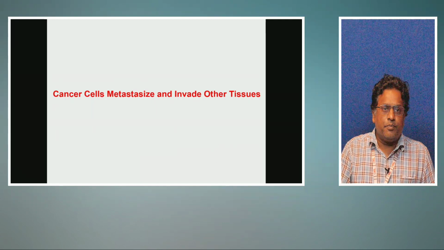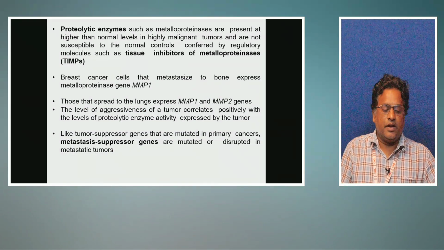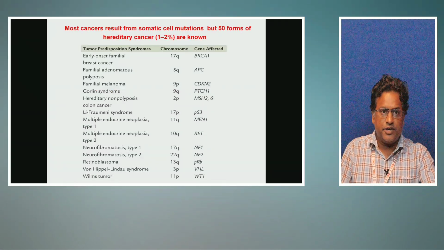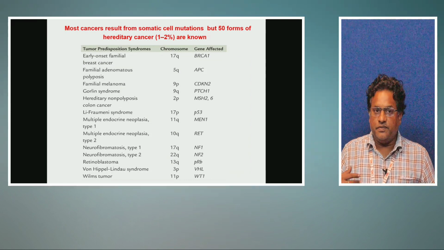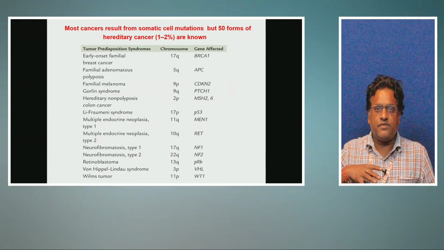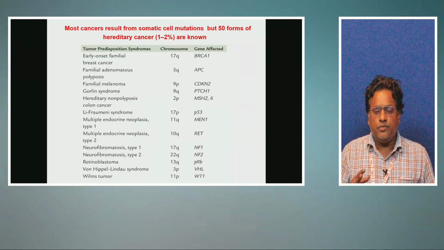The problem with all these mutations, in the p53 gene or the retinoblastoma gene, is that they have different kinds of effects. Most cancers result from somatic mutation, but some forms are hereditary cancer, 1 to 2% are known.